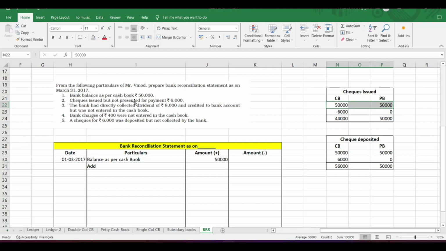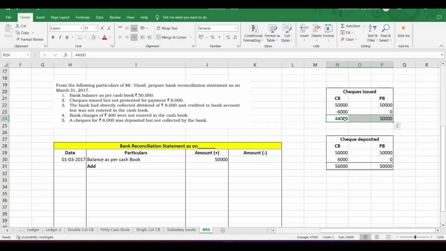Now checks issued but not presented for payment. In that case, what did we do? When we issued this check, we deducted 6,000 rupees from our cash book and presented it for the payment. But in bank, the transaction has not yet taken place. It's not yet presented for the payment, which means that 6,000 is not deducted from our account, because of which there's a difference between cash book and passbook.